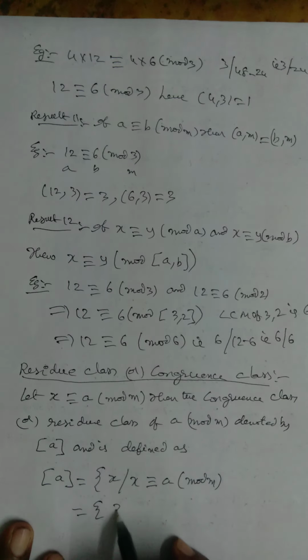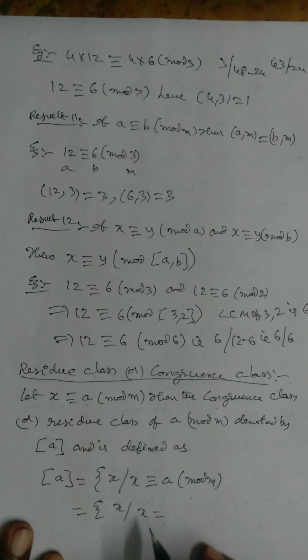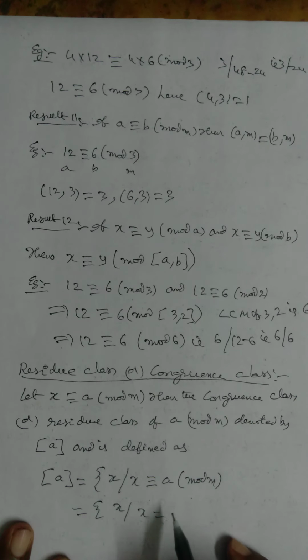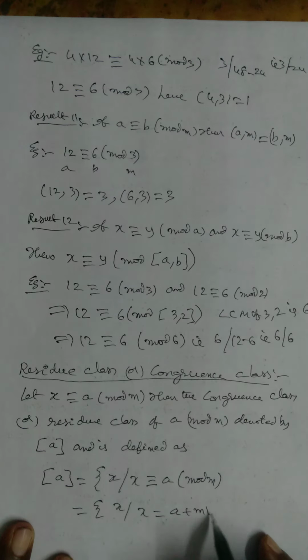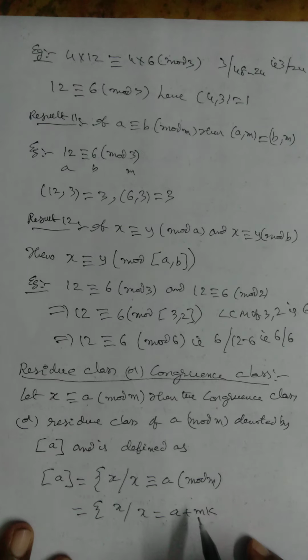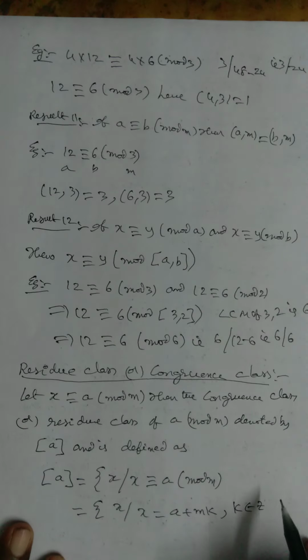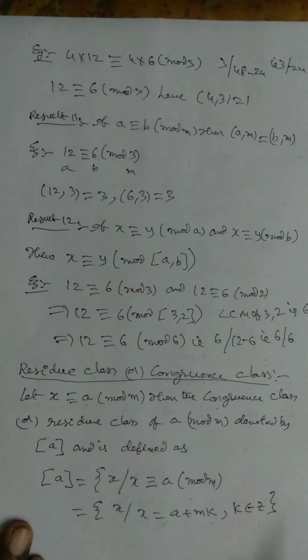So x such that x is congruent to a mod m means, by the division algorithm, x is equal to a plus mk, where k belongs to Z.